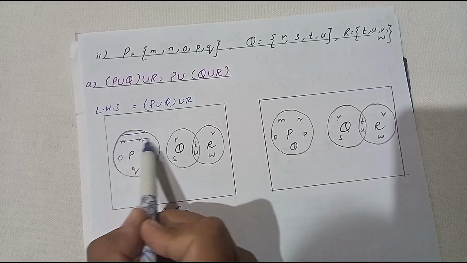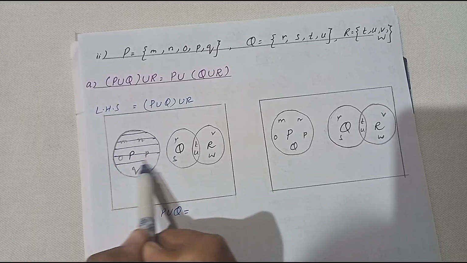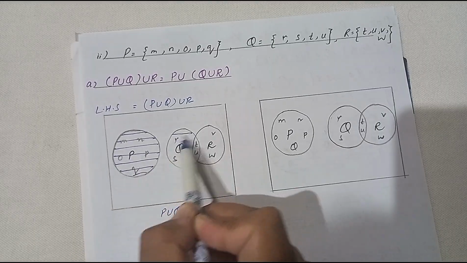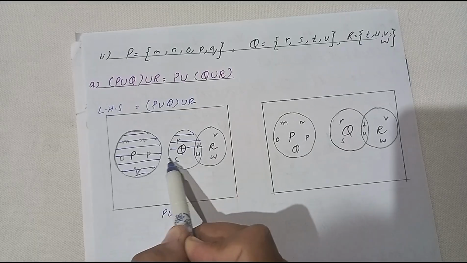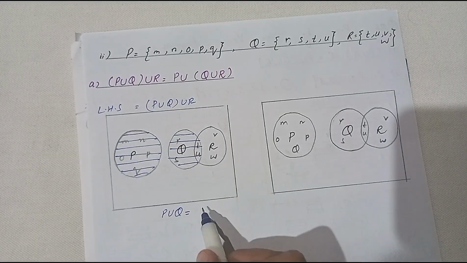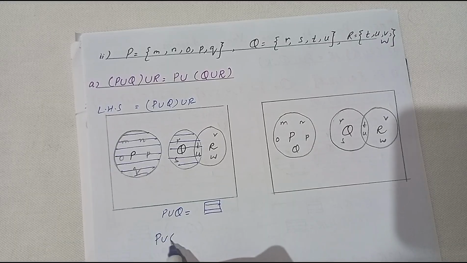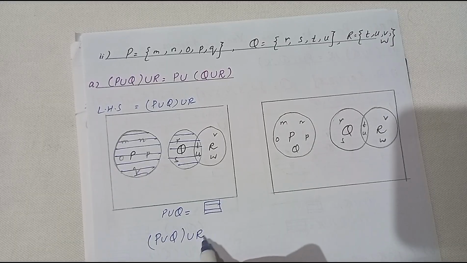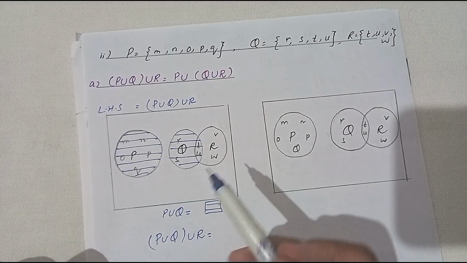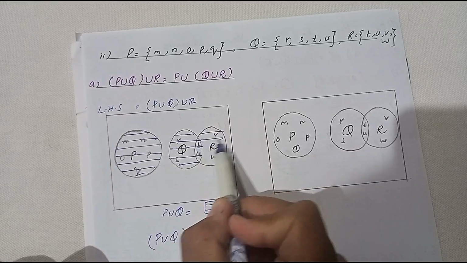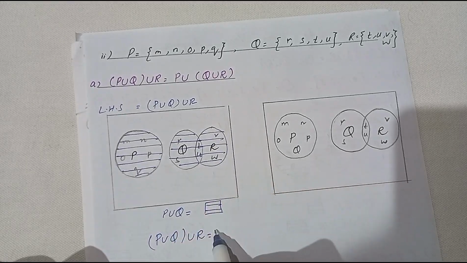We shaded it with horizontal lines and write it as this. P union Q union R means all parts of P and Q are shaded, so we also shaded R with the horizontal lines. So the final shading of the left hand side is all the horizontal parts.